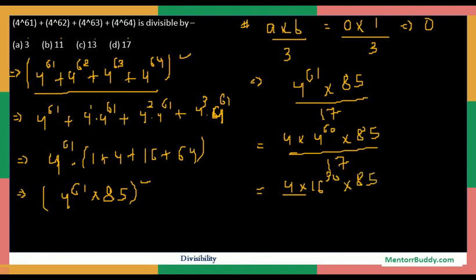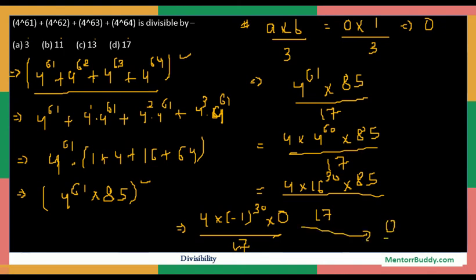Now we can see when 4 is divided by 17, the positive remainder will be 4. When 16 is divided by 17, the positive remainder will be 16 only, but the negative remainder can be written as minus 1, to the power 30, into, when 85 is divided by 17, the remainder will be 0. So finally we need not solve these parts, because 0 into anything will be entirely 0. So the remainder will be 0. In this case the correct answer is going to be option D, that is 17.